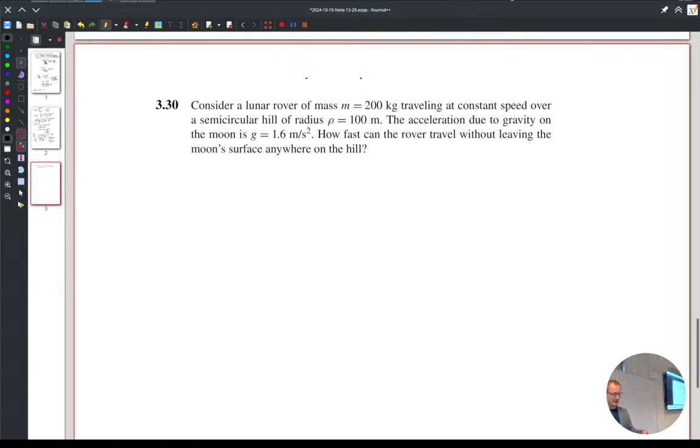So we're driving over the hill, and we know the acceleration of gravity is like 1/6? 1/5? I think about 1/5. So how fast can we drive this rover over the hill without leaving the hill?